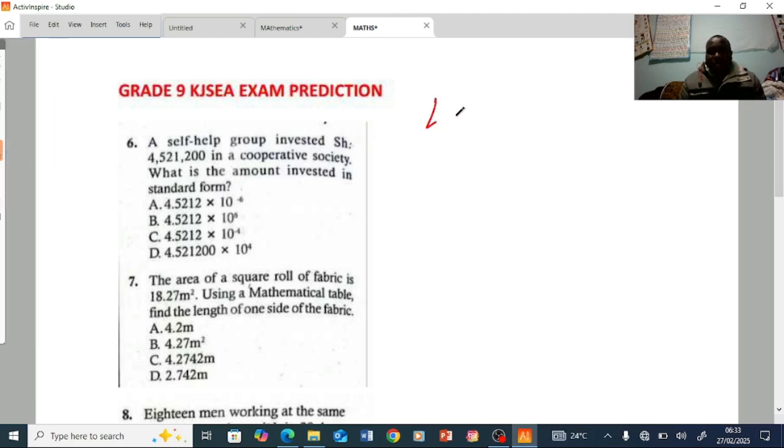So this number is 4,524,521,200. We want to write this number in standard form. So from our decimal point, we are looking for a number between 1 and 9. We are here, so what do we do? We move to the left.